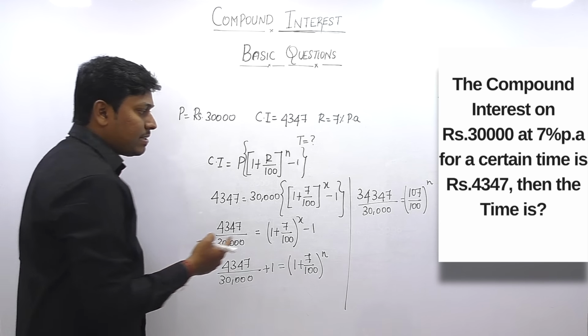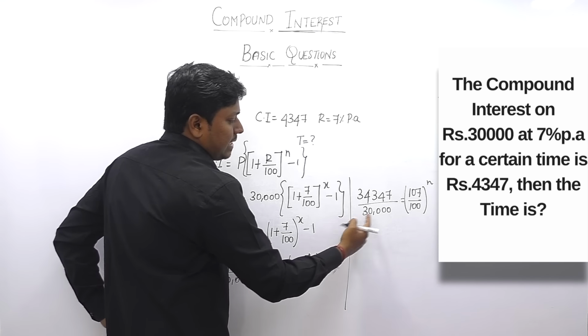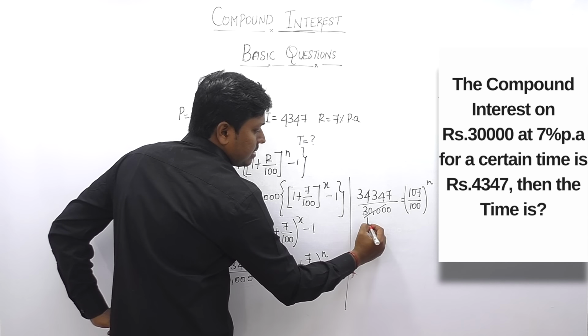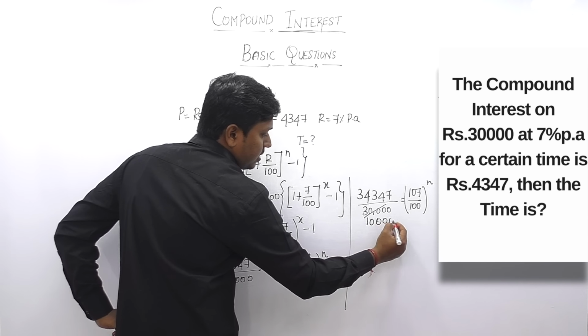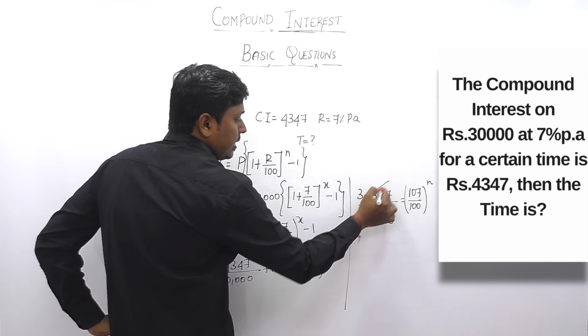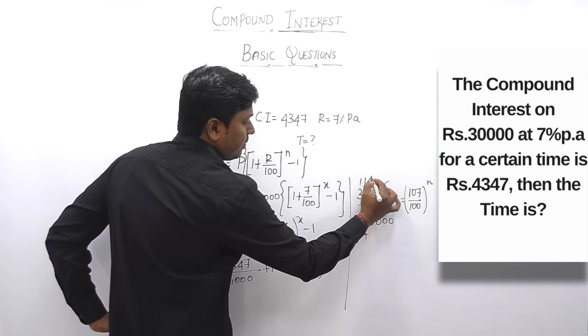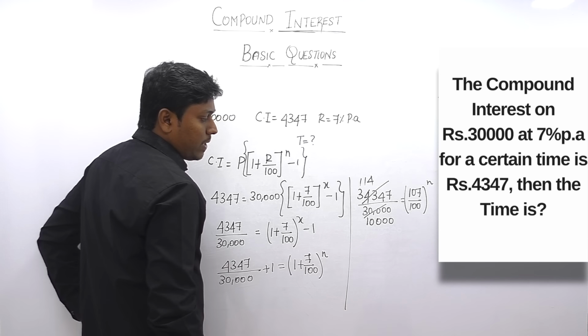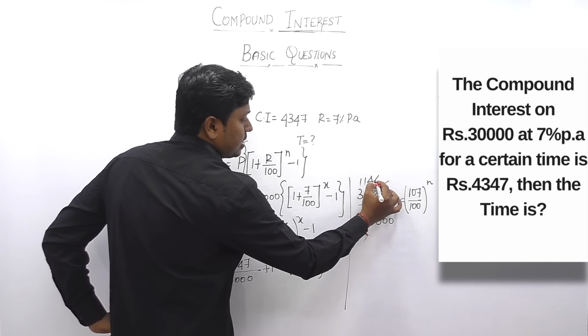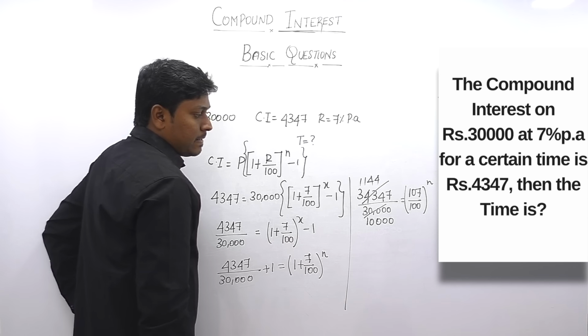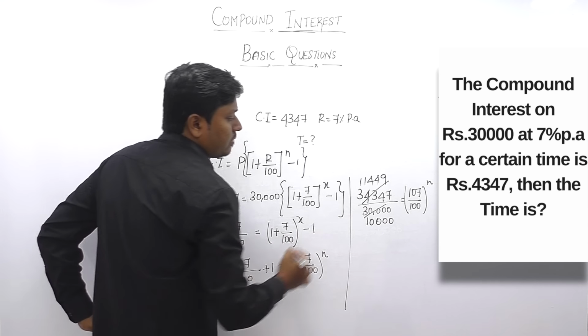I think we can cancel this on 3 table. So when you cancel this on 3 table, this becomes 11449 by 10000. 1 3s are 3, 1 3s are 3. Remainder will be 1. So 4 3s are 12. Again remainder will be 1. So 14. Again 4 3s are 12. Remainder will be 2. So 9 3s are 27. So 11449.